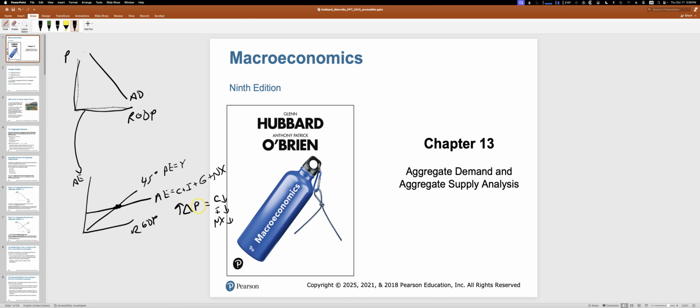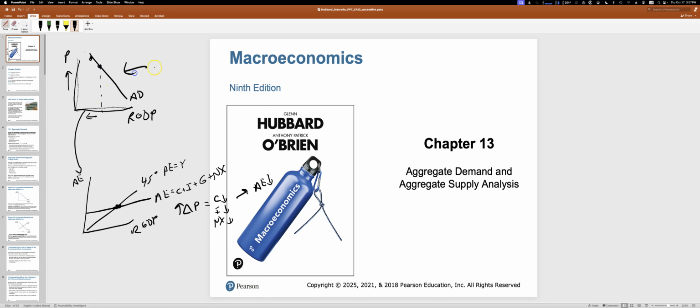So this is saying price levels change in the US and go higher than the world. With all of these falling, what we would see is that AE falls, which, in essence, is where we would see our real GDP falling as our price level increases.